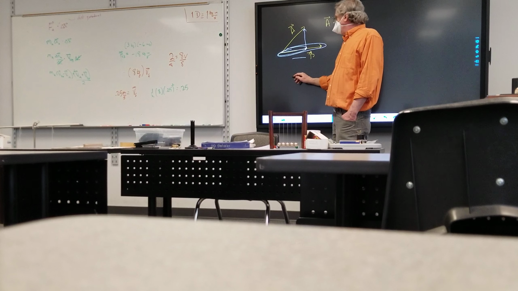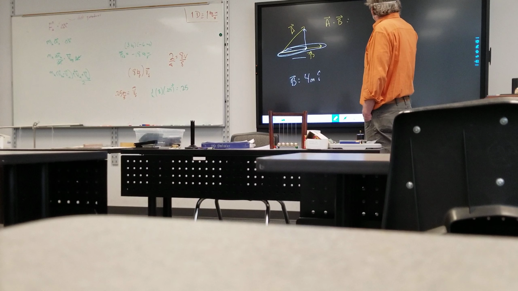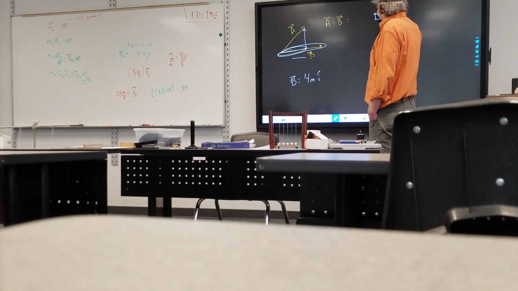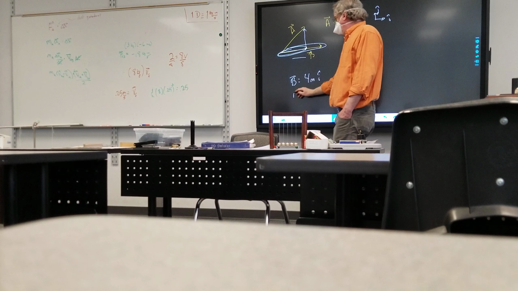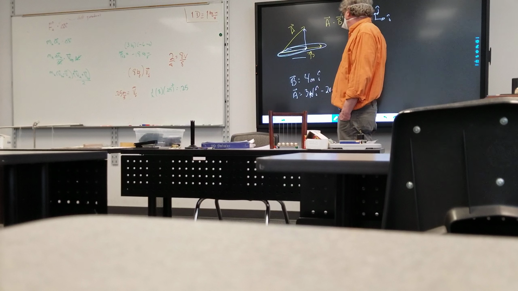Let's say that B is a vector 4 meters I hat, and A is 3 newtons I hat minus 2 newtons J hat.